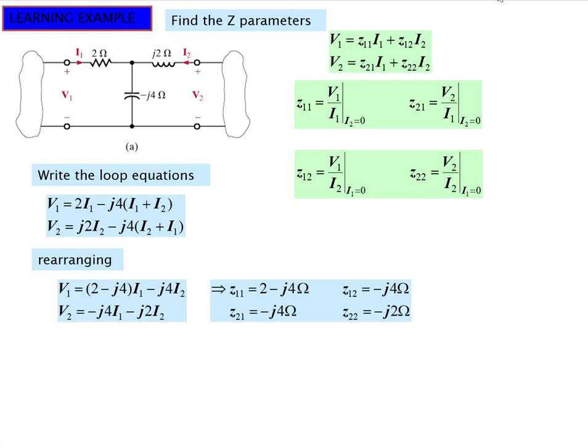So we are having these two equations, and we are making I2 equal to 0, which will cause these equations to reduce to only this part. So for I2 equal to 0, we will just let this I2 side open.